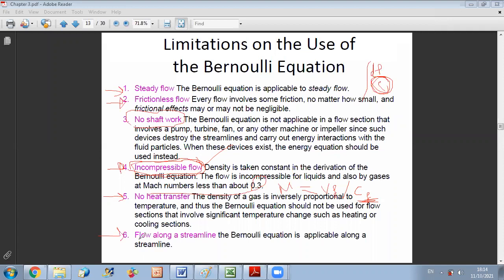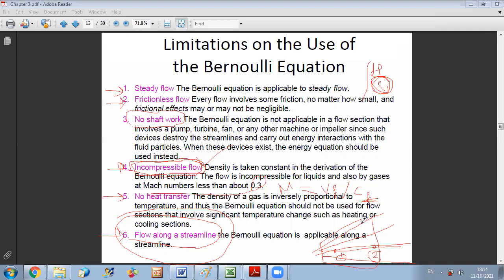And the final assumption that is very important is that the two points where you are applying Bernoulli should be along a streamline. So if you consider, for example, a nozzle, and you have streamlines of the flow, if you consider the symmetry line, you can consider any two points, 1 and 2. Since these two points belong to the same streamline, you can apply Bernoulli between 1 and 2.